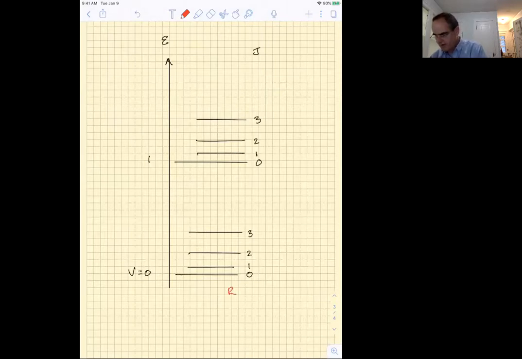That means if we start at state 0, we'll make a transition to state 1. Or we might start at state 1 and make a transition to state 2, or start at state 2 and make a transition to state 3.